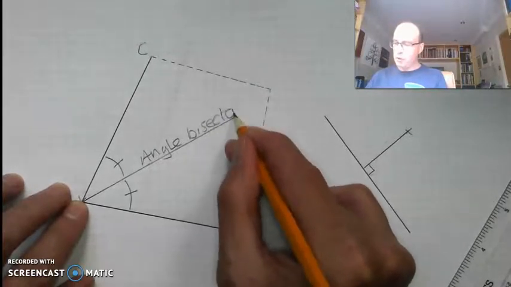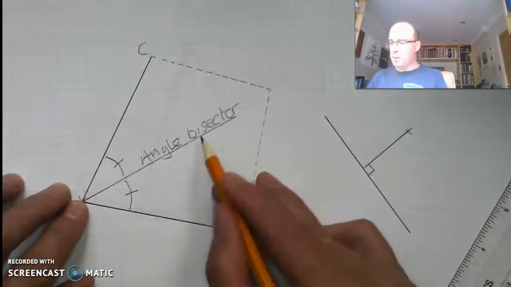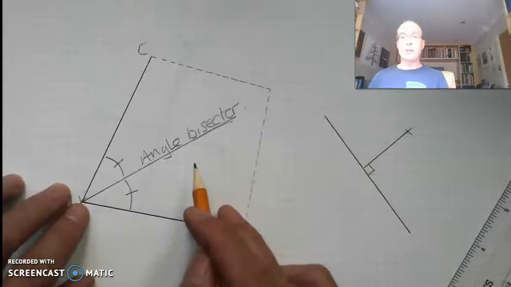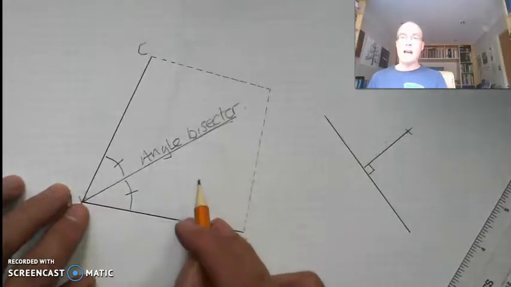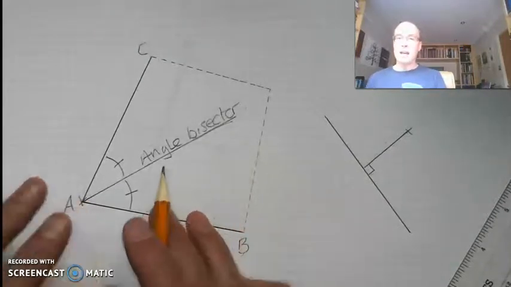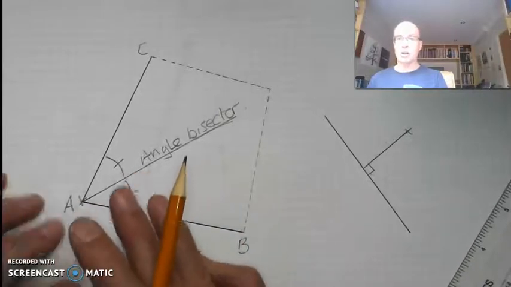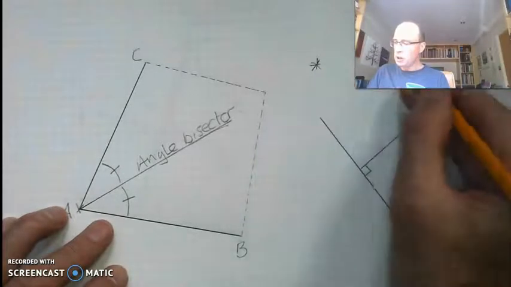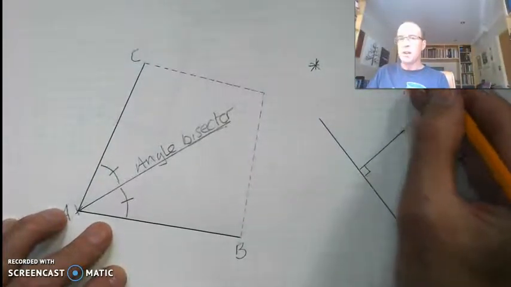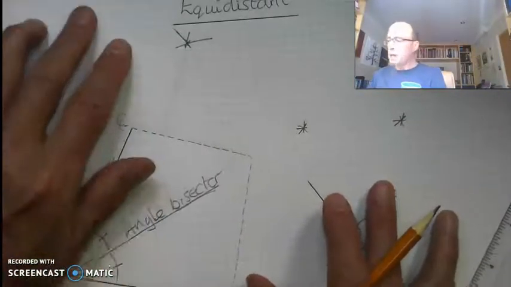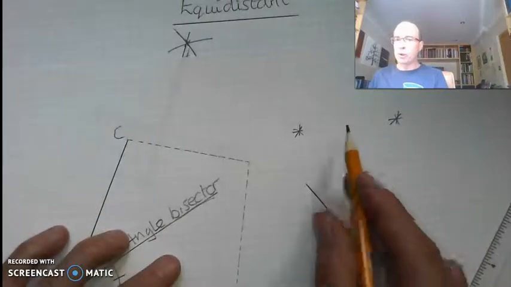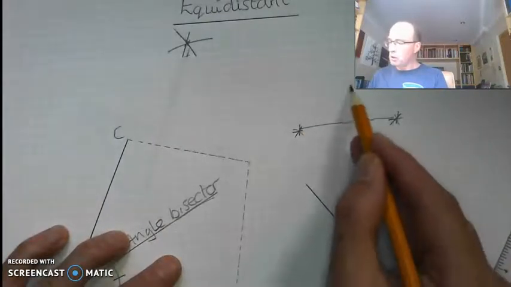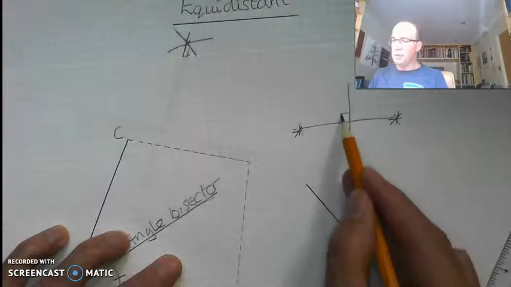So one of the reasons a couple of lessons ago for getting quite a bit of practice at drawing both perpendicular bisectors and angle bisectors is that they're really important for us in loci. So if I've got 2 points, 2 trees or whatever they are, then I'm looking for my perpendicular bisector.